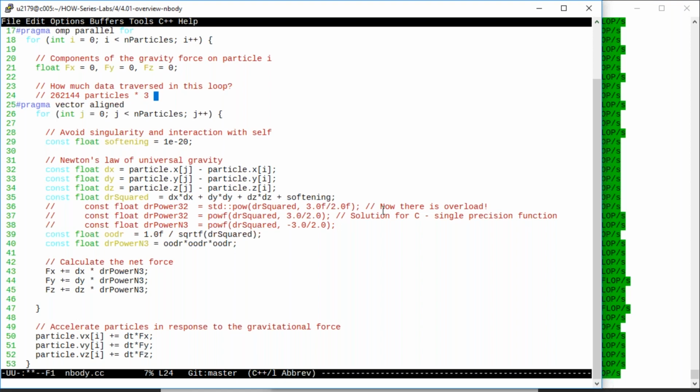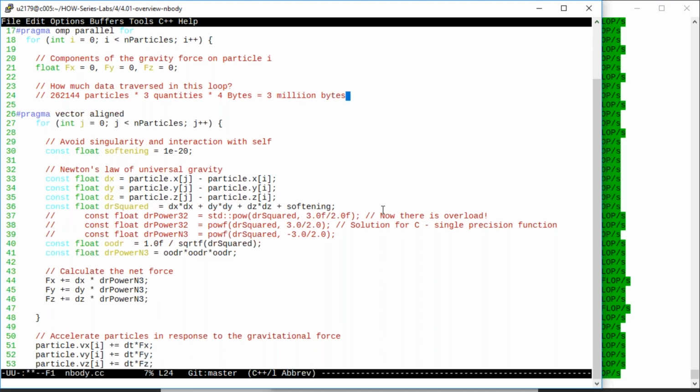For each particle, we read 3 quantities, x, y, and z. And for each quantity, we read 4 bytes. This is approximately 3 million bytes. Is it a little or is it a lot? It depends on what you compare against.